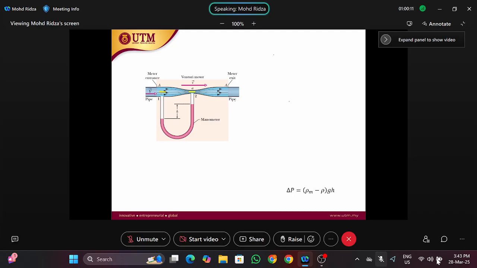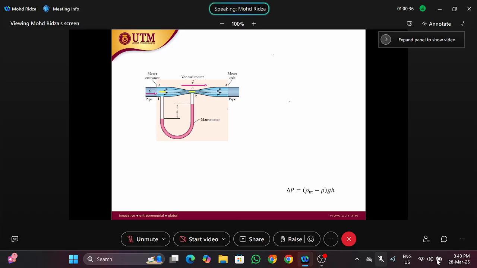But the pressure is the other way around. The pressure at point 2 is lower compared to the pressure at point 1.